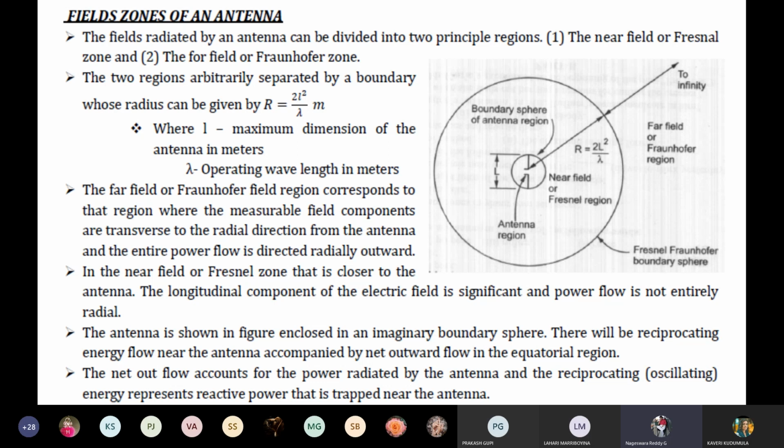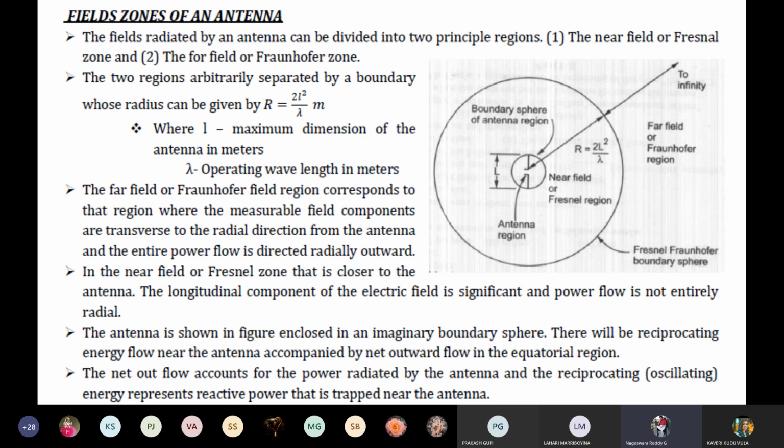The antenna is shown in the figure enclosed in an imaginary boundary sphere. There will be reciprocating energy flow near the antenna, accompanied by net outward flow in the equatorial region. The net outflow accounts for the power radiated by the antenna, and the reciprocating energy represents reactive power that is trapped near the antenna.